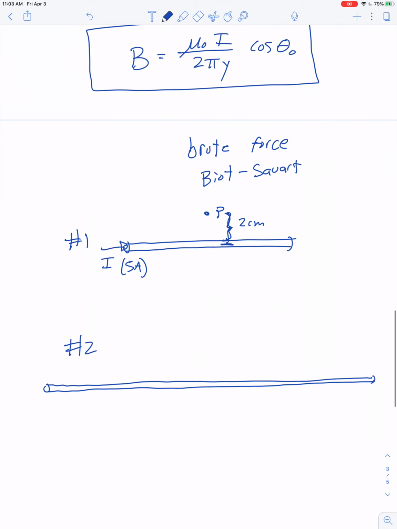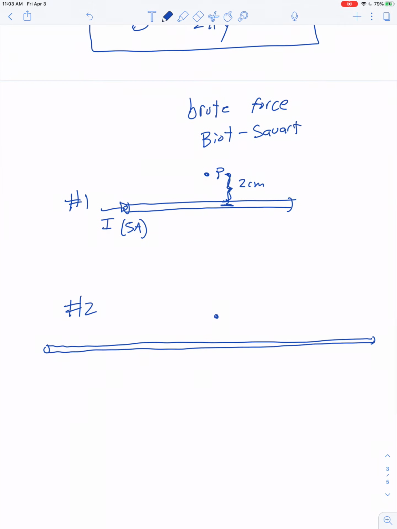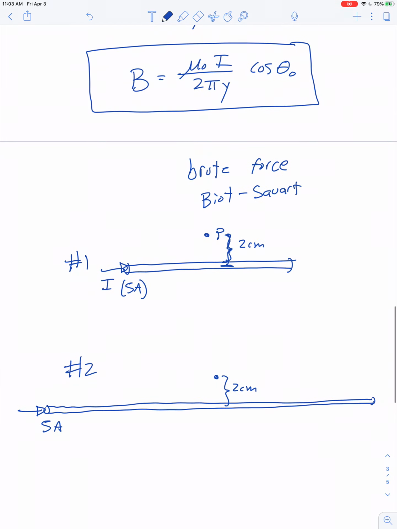So how would the magnetic fields compare if the point in case number 2 is also 2 centimeters away from the wire? This carries a current of 5 amps. So let's use our result. B equals mu naught I over 2 pi y times cosine theta naught. So let's picture theta naught is the angle from the end of the wire to the point in question.